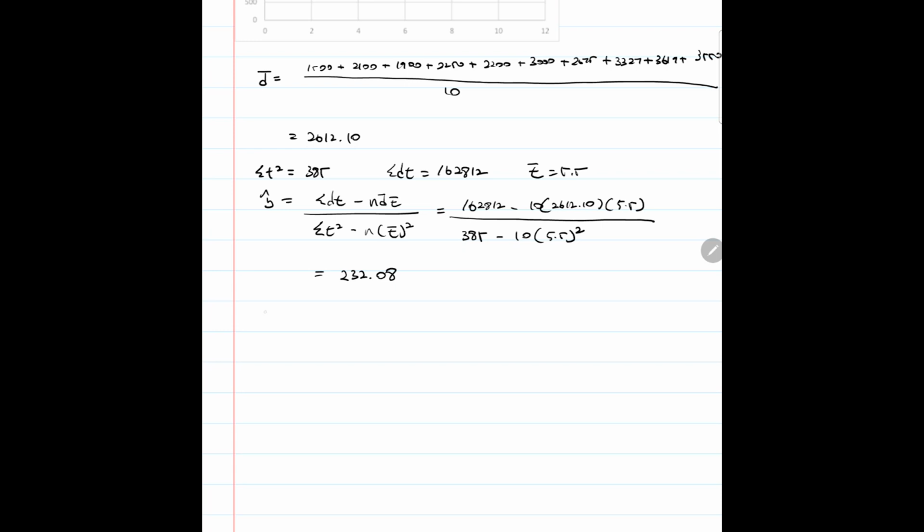We can calculate the A hat. A hat is D bar minus B hat times T bar. We already have the numbers, so it is 2612.10 minus B hat, which is 232.08, times 5.5.